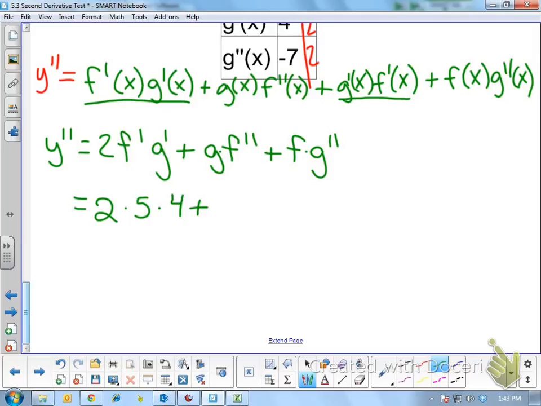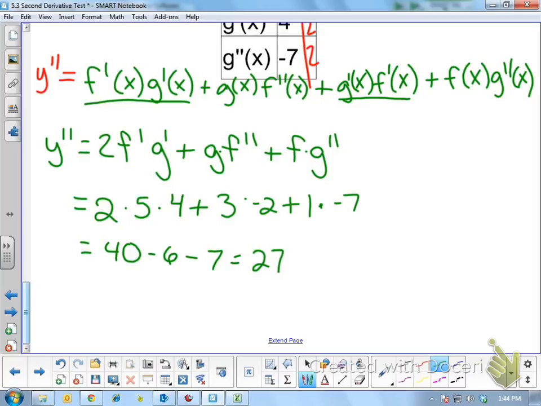Plus g at 2 is, I can't see my table anymore, so 3 times f double prime, -2 plus my f value times g double prime, and I can't actually see, -7, so we have 10, 40, -6 minus 7, which is definitely, again, positive. Again, I don't really care about value, but we could find it. 27? Yep. Positive. So if we're positive, do we have a maximum or a minimum?